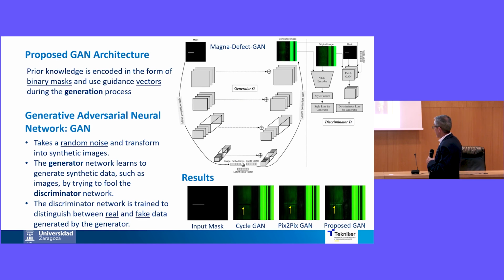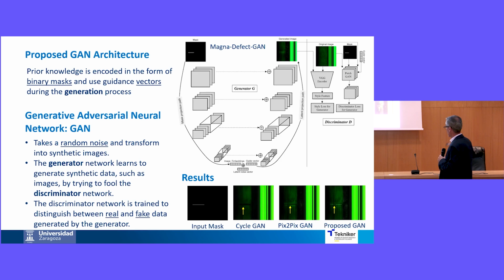This technique uses a GAN, a Generative Adversarial Neural Network. There are two steps. The first step is the generation. From a mask, it is necessary to develop a virtual image of the defects very similar to the original one. Then to train this step, it's necessary to develop the discriminator.